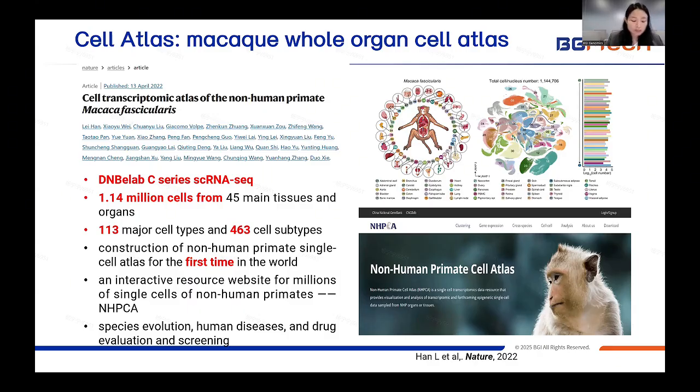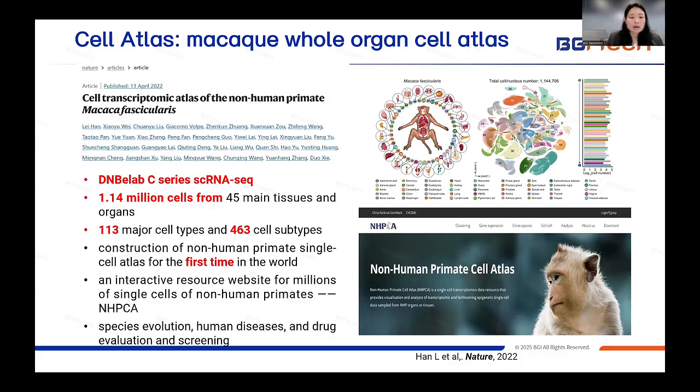The research team conducted single-cell RNA-seq analysis on about 1.40 million cells from 45 male tissues and organs. These cells are divided into 113 major cell types and 463 cell subtypes.